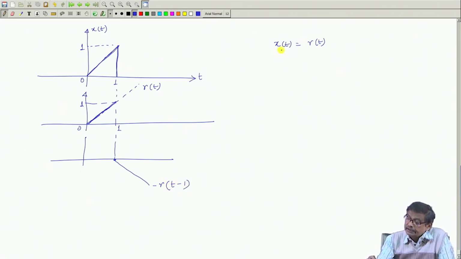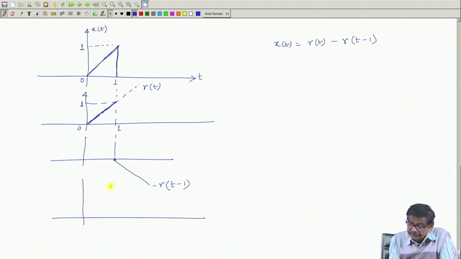Therefore, I will say x(t) is equal to r(t) minus r(t minus 1). I can write it in this fashion. But if you add these two, this plus this, it will now give rise to this function.